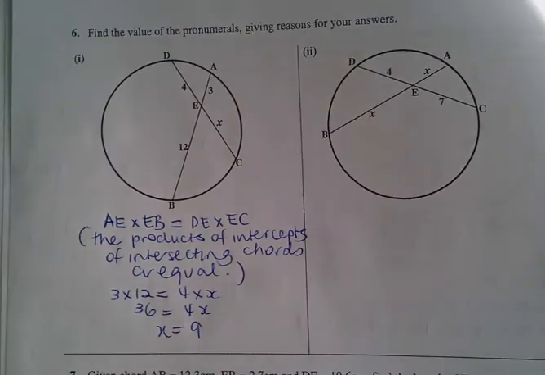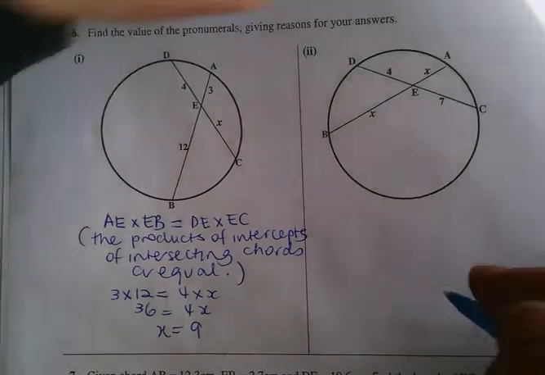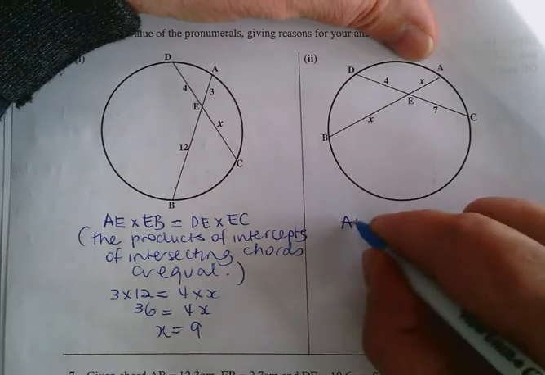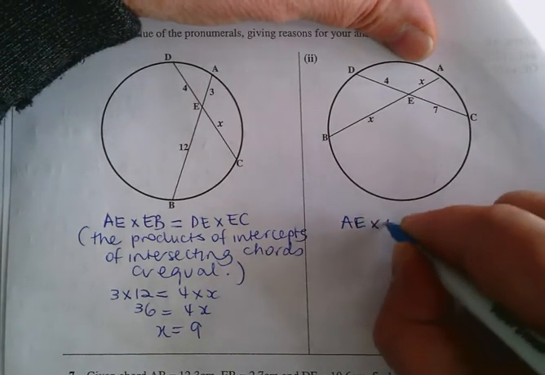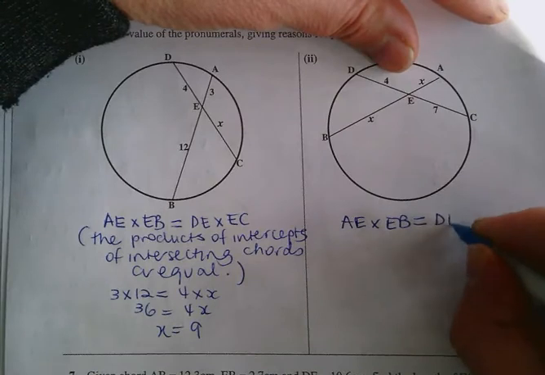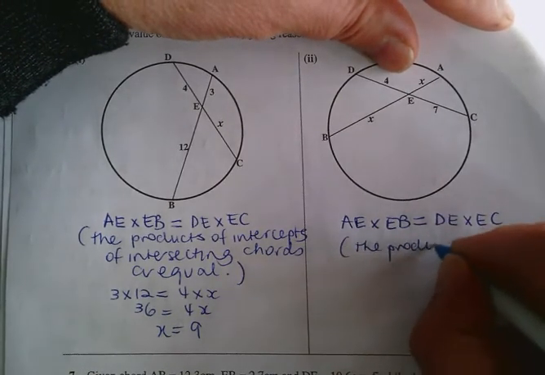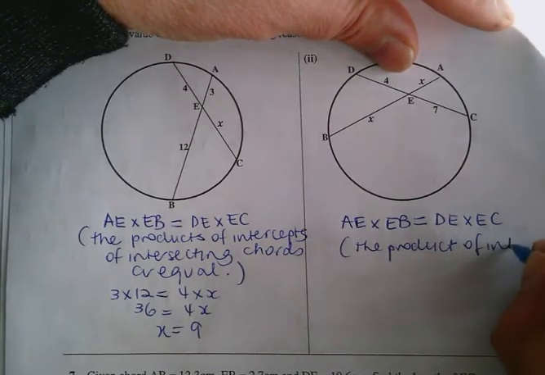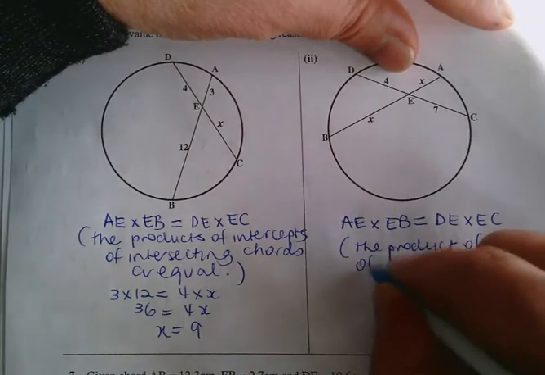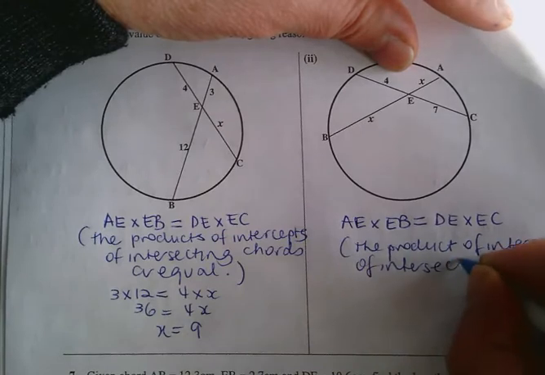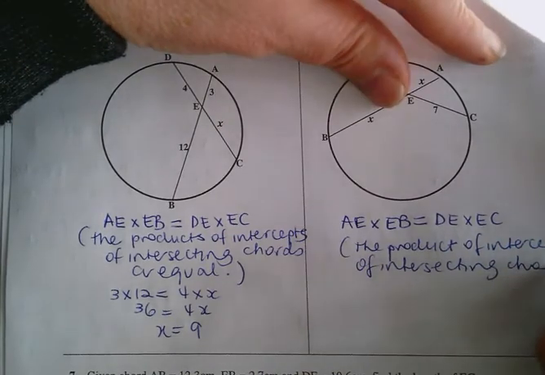And same with the second one, but you're going to get a quadratic. So AE times EB equals DE times EC. Again, the product of intercepts of intersecting chords are equal.